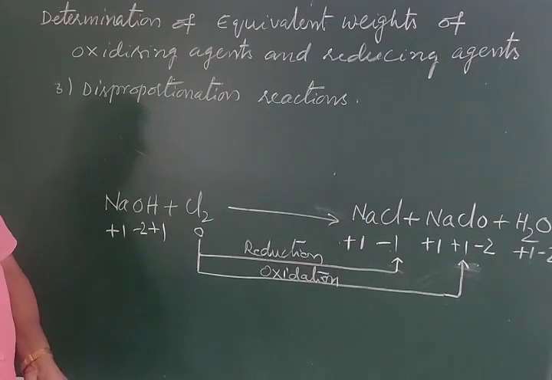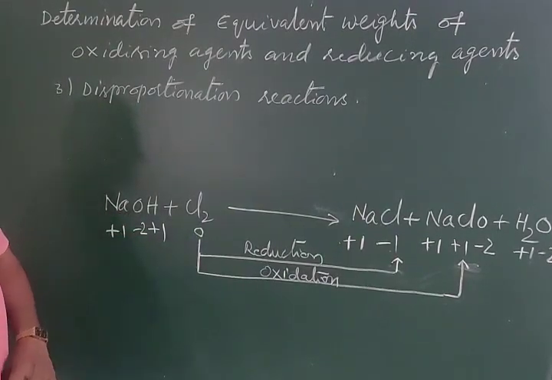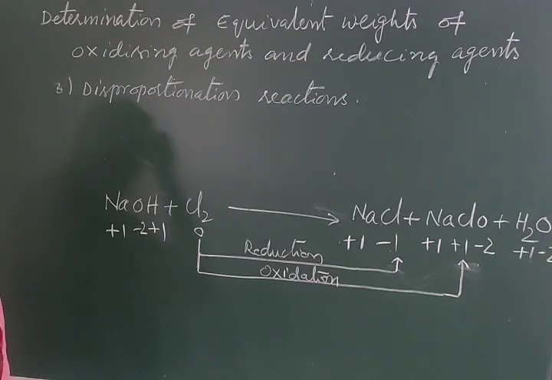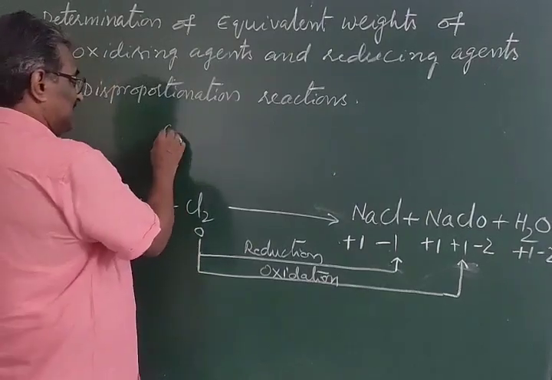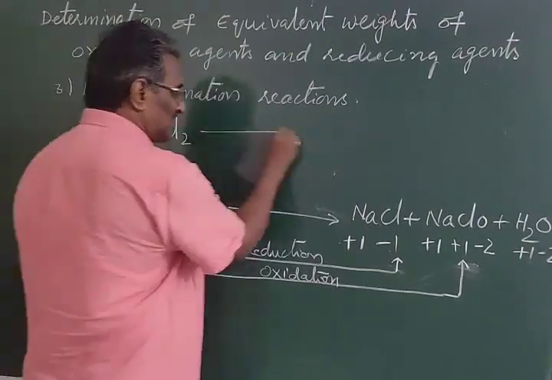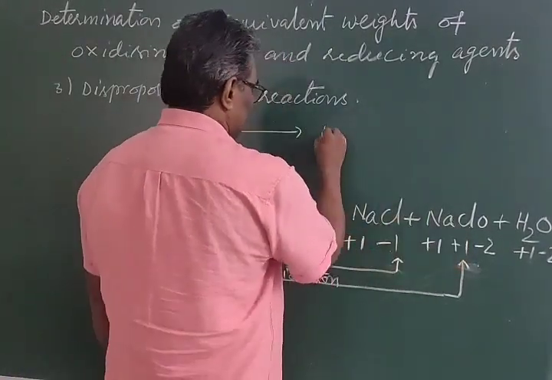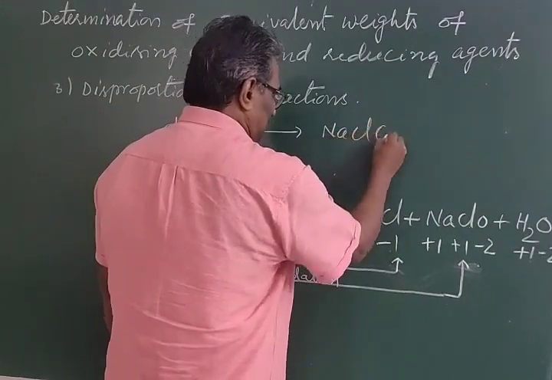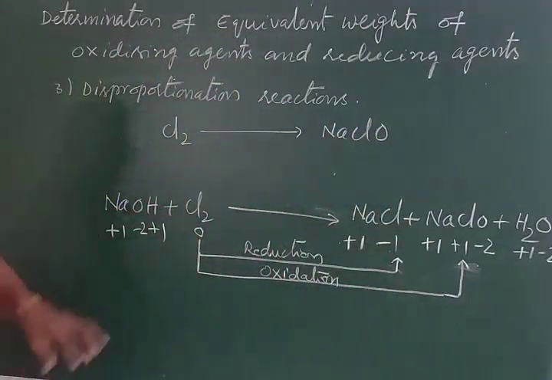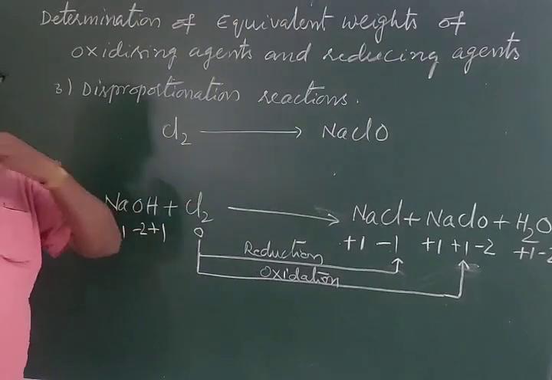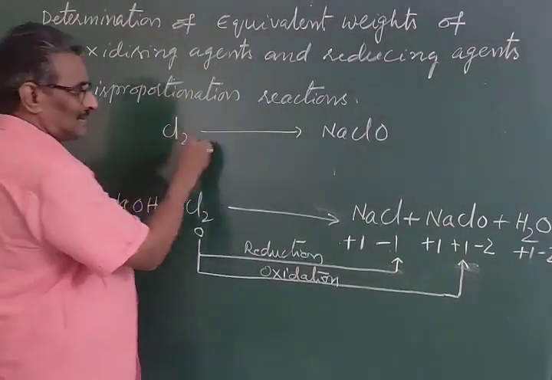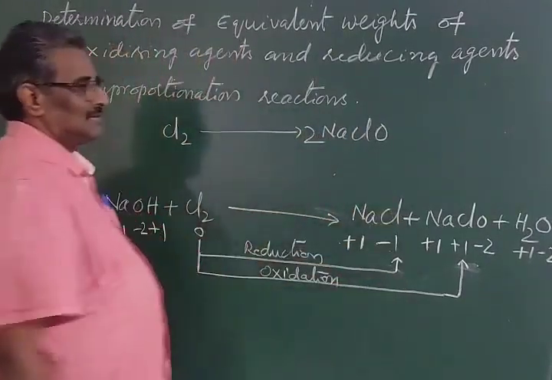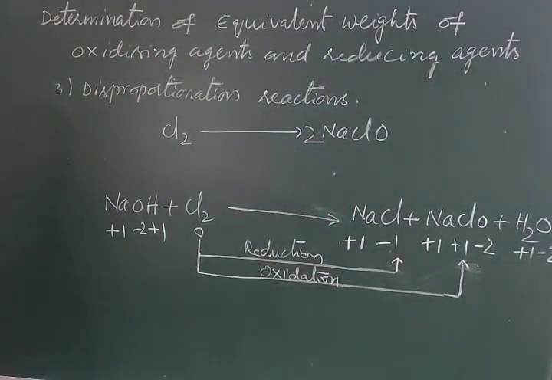let us take that chlorine is undergoing only oxidation. Cl2 changes to NaClO. If chlorine undergoes only oxidation like this, two chlorines give 2 NaClO.